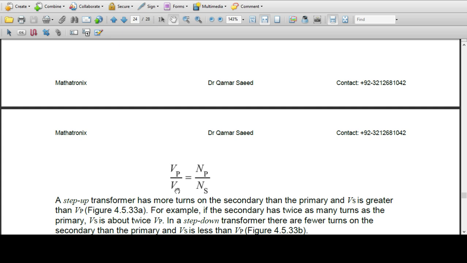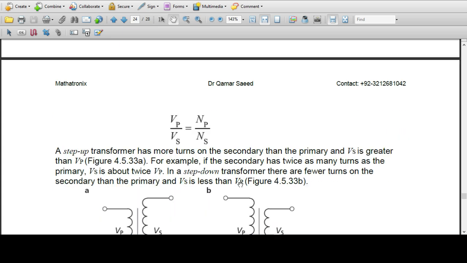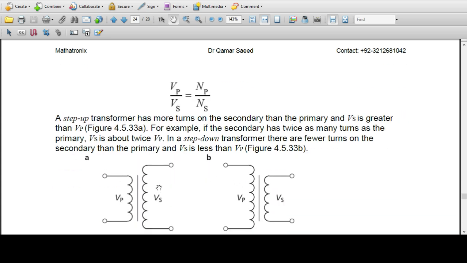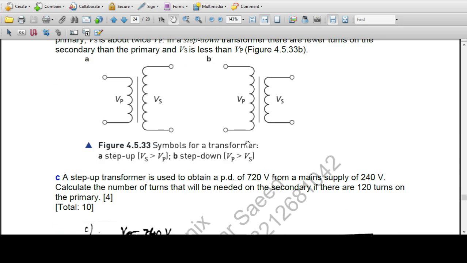If primary voltage is lower and secondary turns are higher, this is a step up transformer. If primary voltage is higher and secondary voltage and turns are lower, this is a step down transformer.